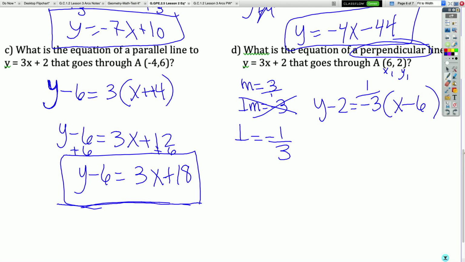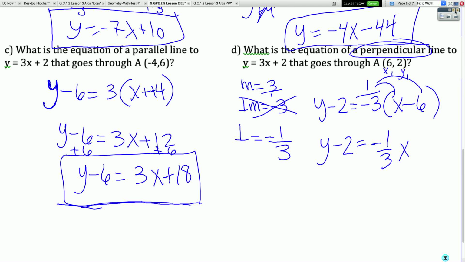So I'm going to go through and finish this problem with you, so go through it with me if maybe you did it wrong. We have to distribute that negative 1/3. So I have y minus 2 equals negative 1/3 x, and we're going to multiply these straight across. I'm going to change that to a negative 1 times a negative 6. What is negative 1 times negative 6?